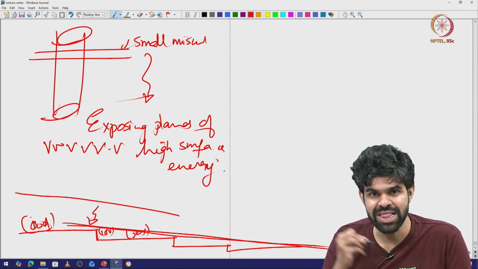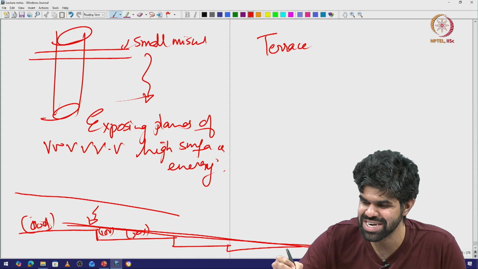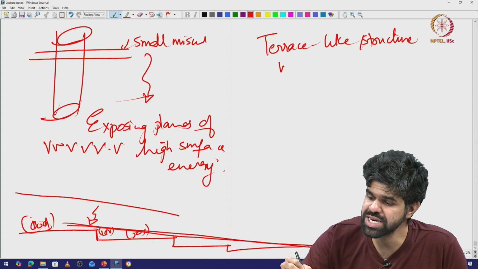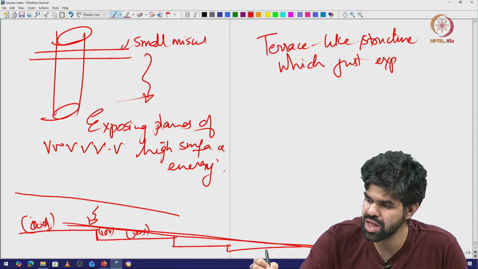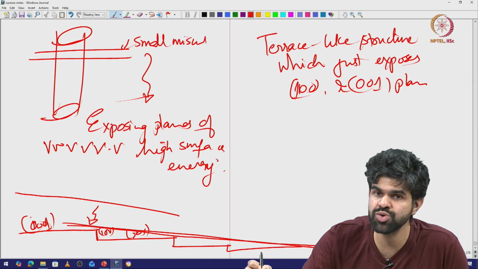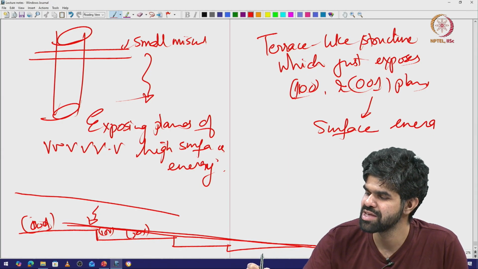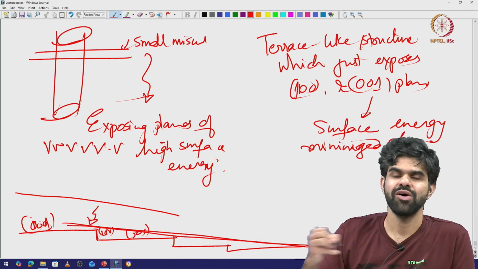Overall I have that angle, the miscut angle, but eventually I am going to get some terrace like structure which just exposes the 100 and 001 planes, and I am back to surface energy minimization. These planes have the minimum surface energy.